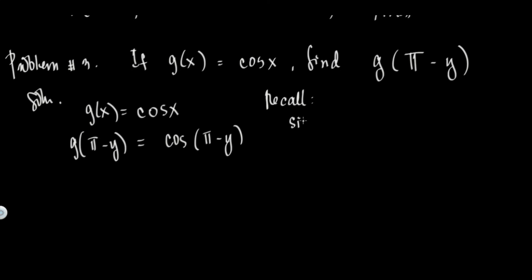So, from sine, let's say we have here two angles, A plus B, okay, A plus B, is equal to sine A cosine B plus cosine A sine B. Okay? So, kapag sum of two angles, tapos sine, sin cos plus cos sin.